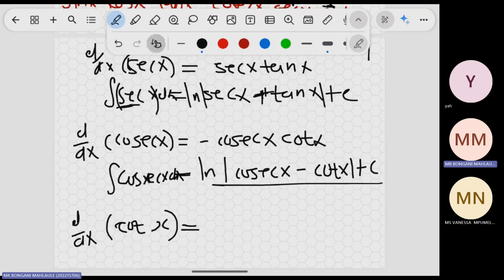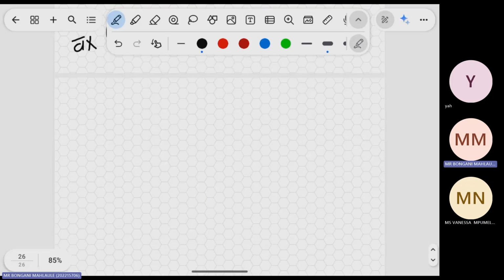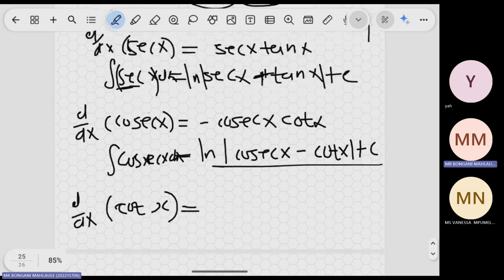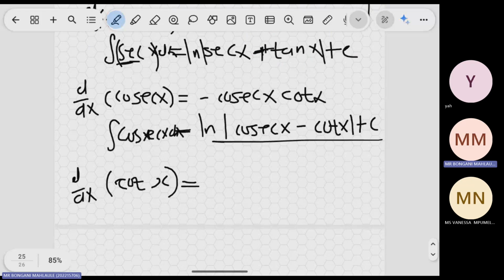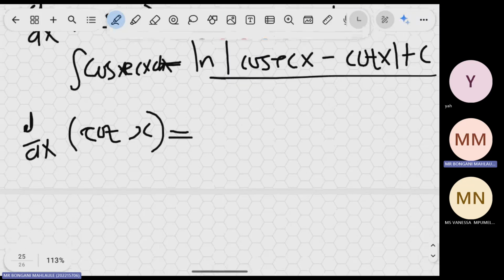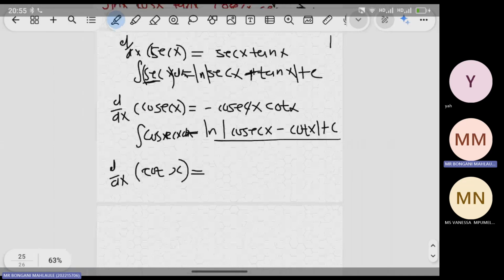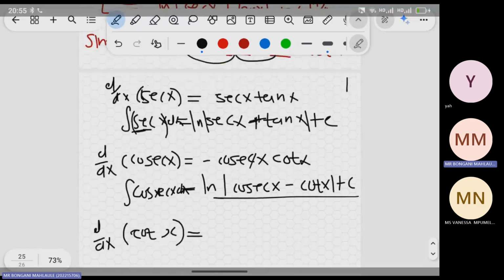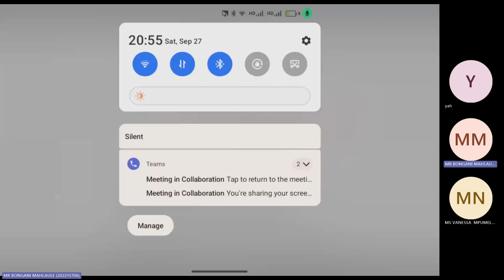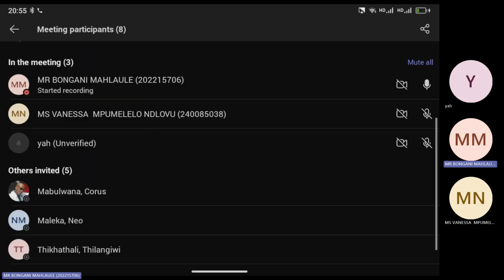I want to see if you get it. What's the derivative? Or should I skip? I don't have to explain because you're not responding. What's the derivative, guys?